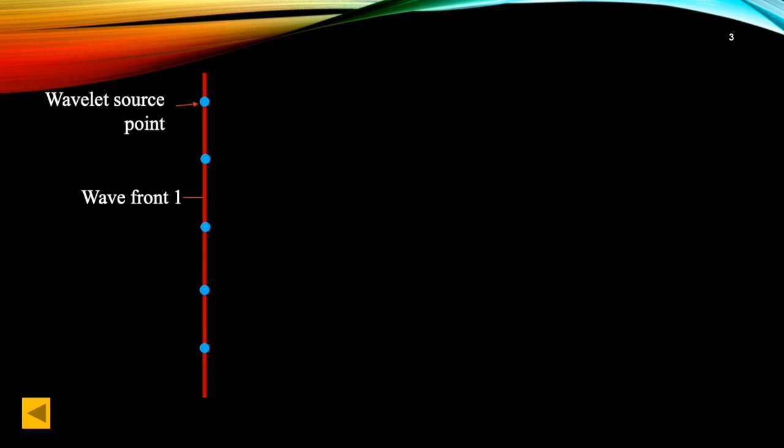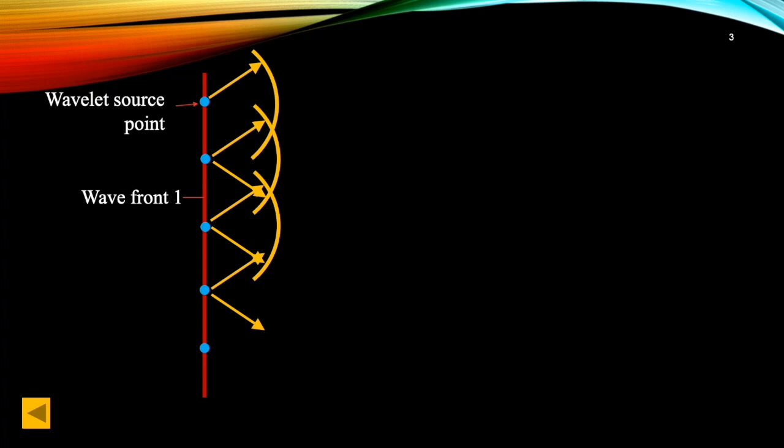Each of these points is essentially a source of its own individual wavelet, as shown by the curved lines.